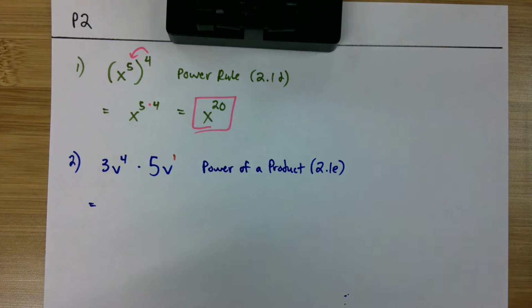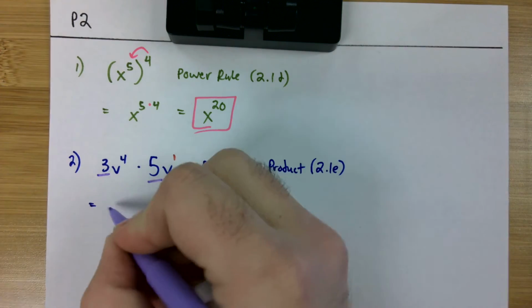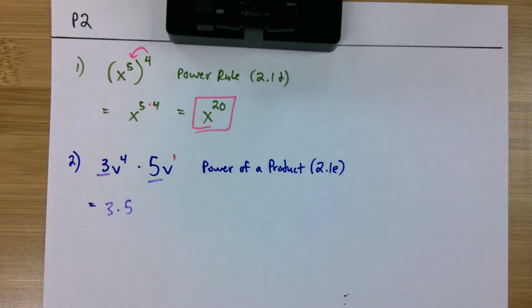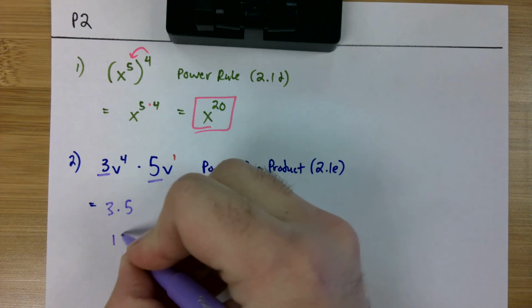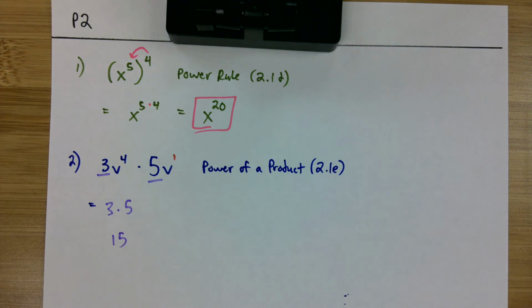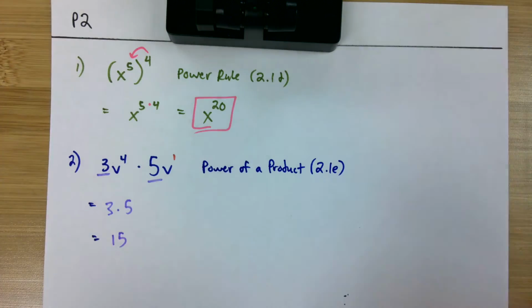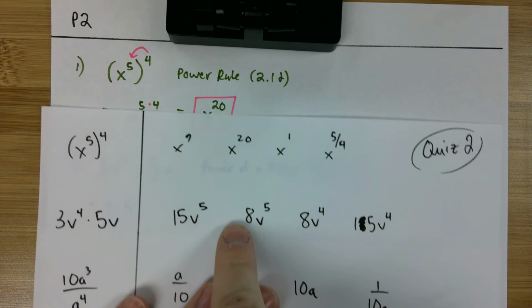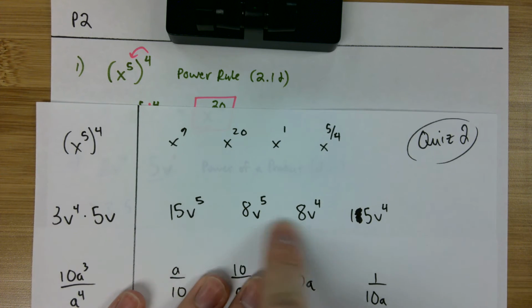So first, let's take our leading numbers out. 3 times 5. That's going to be our new coefficient on our answer. And that gives us 15 for a new coefficient, right? So right away, if we remember that we have to multiply the coefficients, half of our answer choices are gone, right? We can't start with an 8.